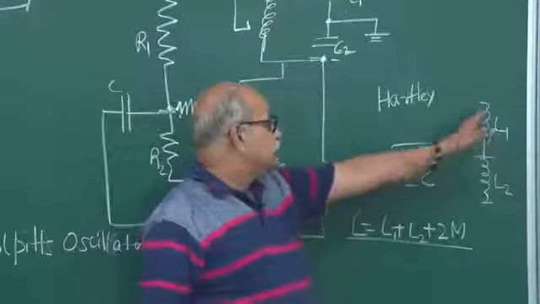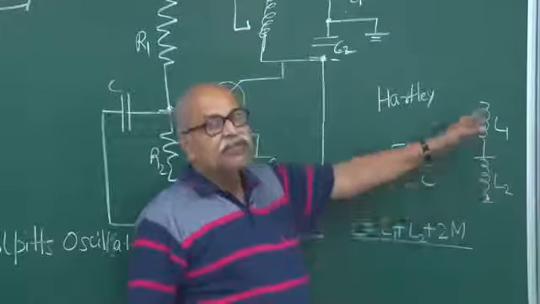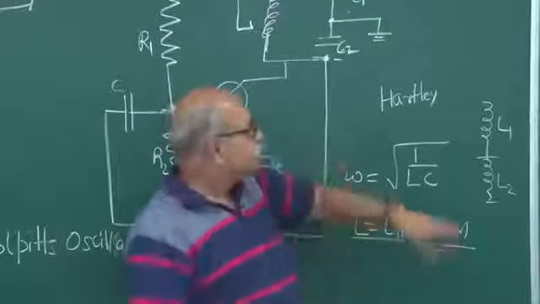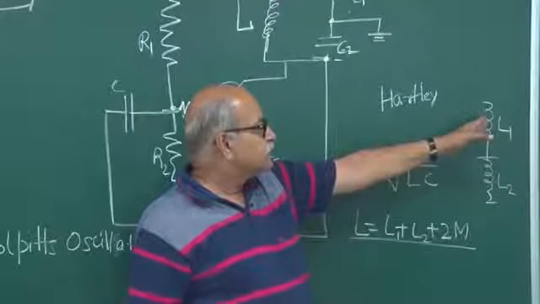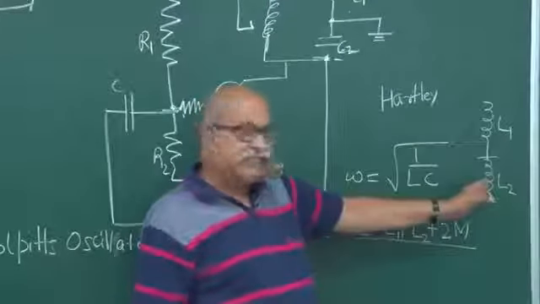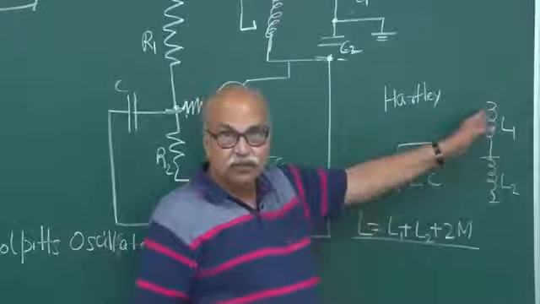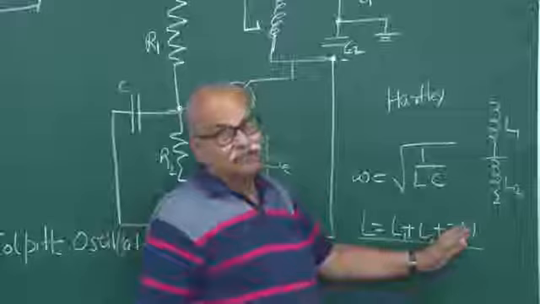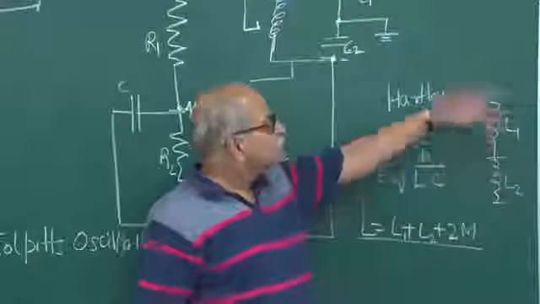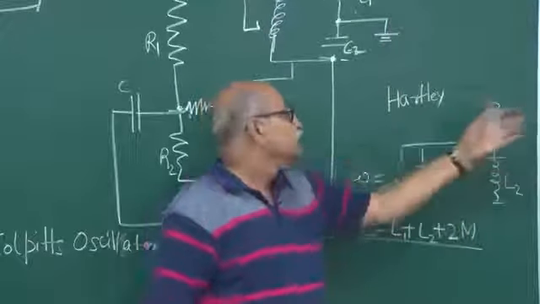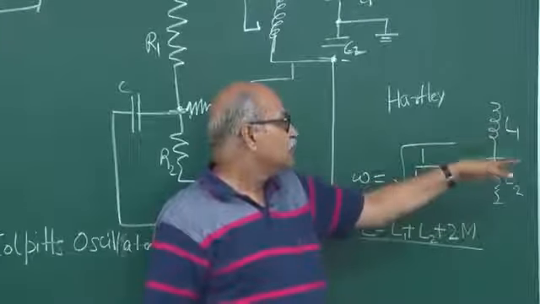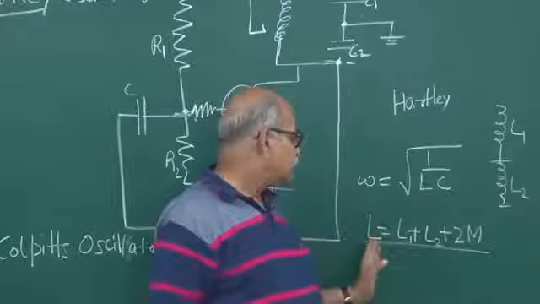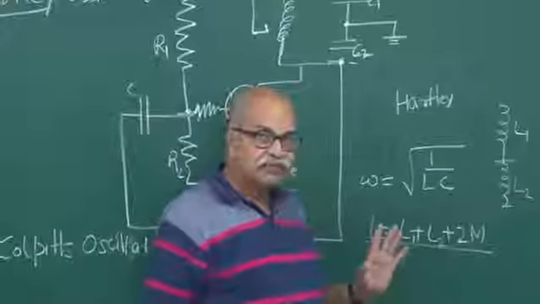If there is coupling between these two, which will happen if they are made on the same core, so that any magnetic field created by the current easily reaches the other, you will have a good mutual inductance, and this must be taken into account. And if they are on separate cores, so that the magnetic field diverges out and not much reaches the other, then the mutual inductance will be very small, and L equal to L1 plus L2 can be used.